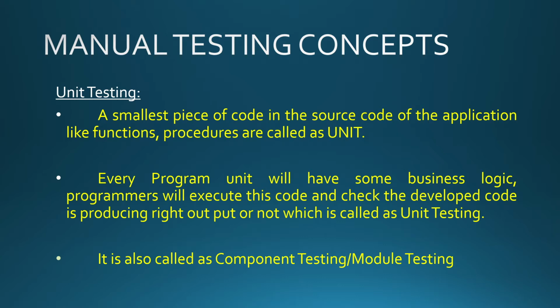For example, for the login page one piece of code is created, for the home page one piece of code is created by developers, and they will consider all these as units. For each unit, checking whether it is producing the right output or not is called unit testing. Unit testing is also called component testing and module testing.